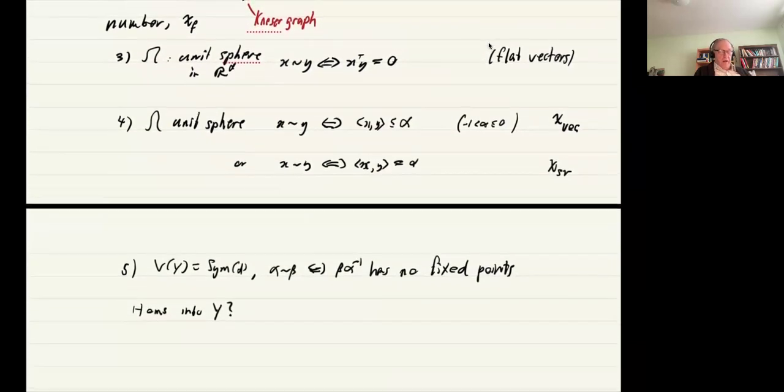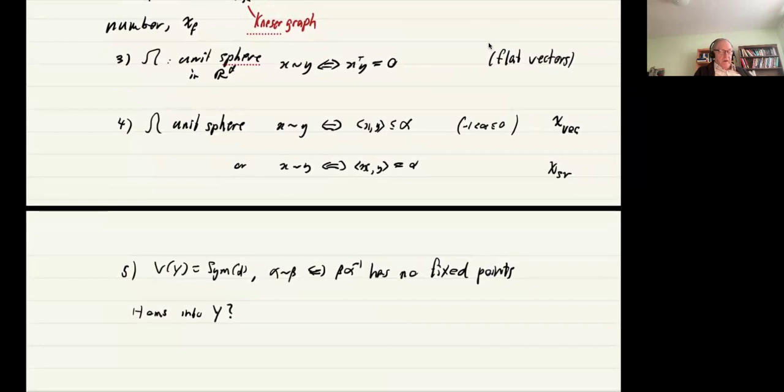I've got one more here, which looks a little strange. I'm taking the vertices of my graph to be the permutations in the symmetric group on D letters, and I've declared two permutations to be adjacent if their difference has no fixed point. So if you write out a permutation as a row of length D, and then a second permutation as a row of length D, there's no column where the two entries are the same. And then a homomorphism into this graph gives you the chromatic number, and this generalizes later on to some quantum stuff.